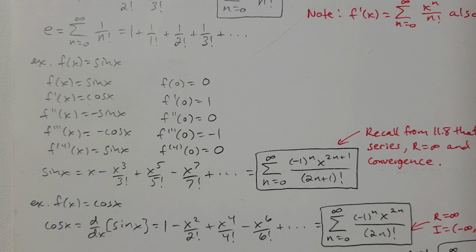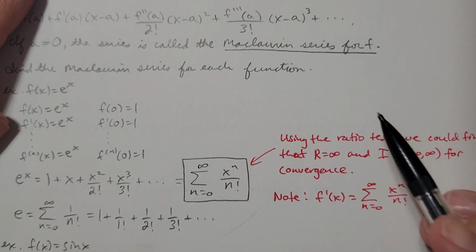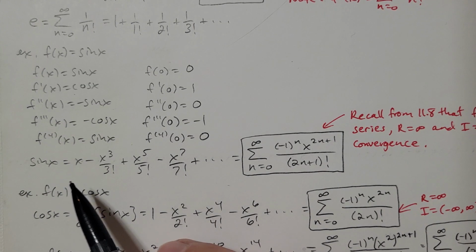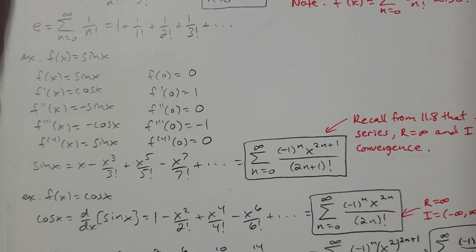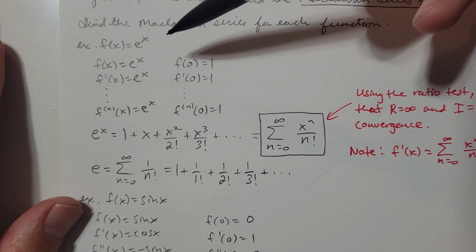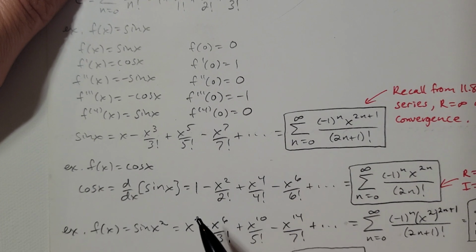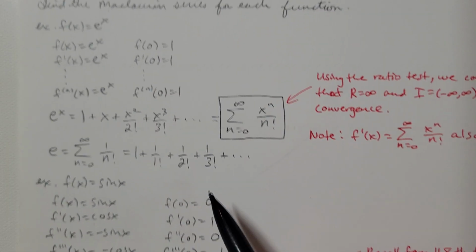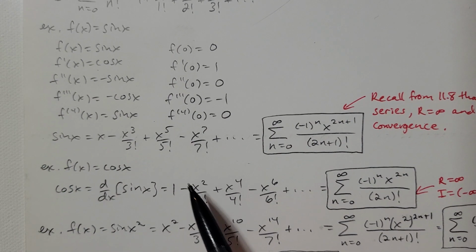Okay, so now I think I'm ready to give the series form. Here's the formula again. So sine x would be f of 0, which is 0, plus f prime of 0, which is 1, times x minus 0, which is x.